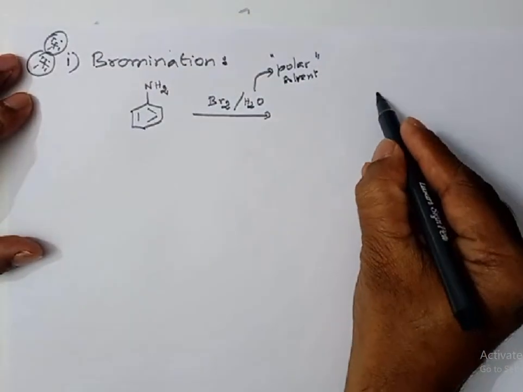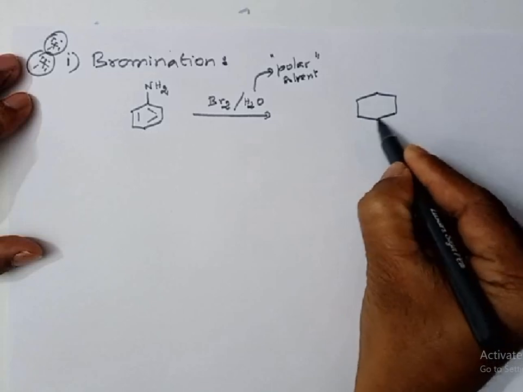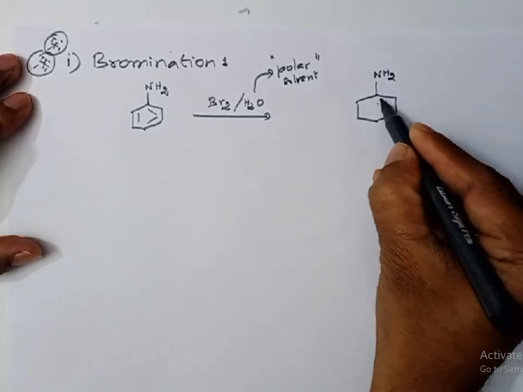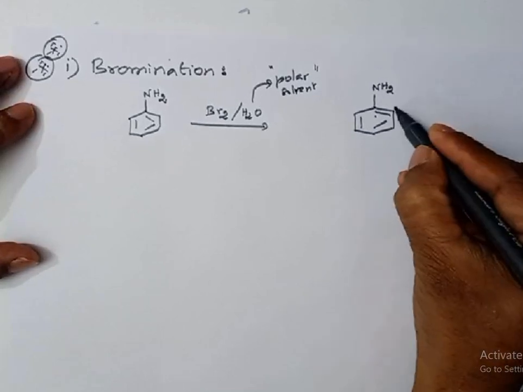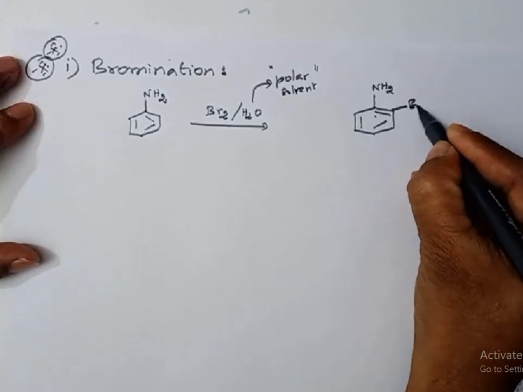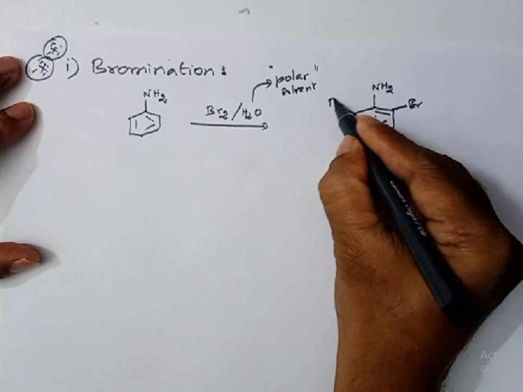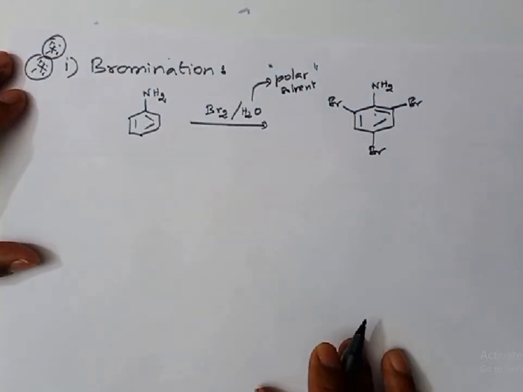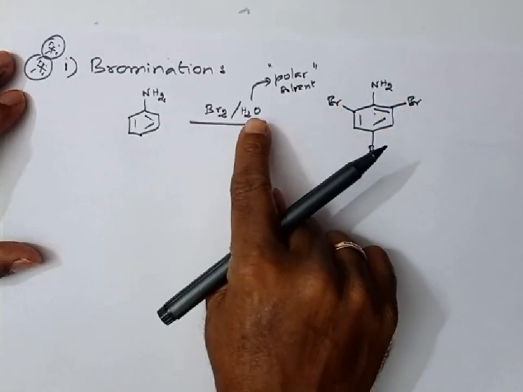Okay, so the product we get, see here we have an NH2 group and we have a benzene ring. Now let me put a bromine at the two ortho positions and one bromine at the para position. Trisubstitution occurs in the presence of water.